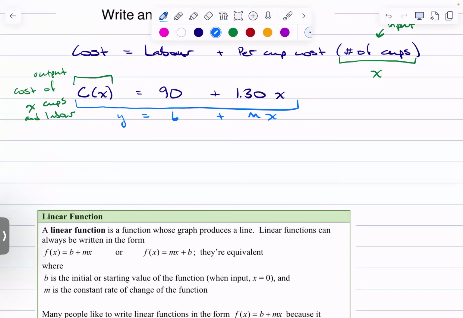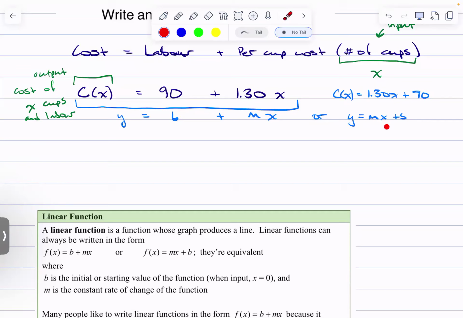Or y equals mx plus b, which would look like what? C of x is 1.30x plus 90. That's the same, right? So the order that you write these in doesn't really matter. What are you looking out for as we're dealing with lines? You're looking for just one x.